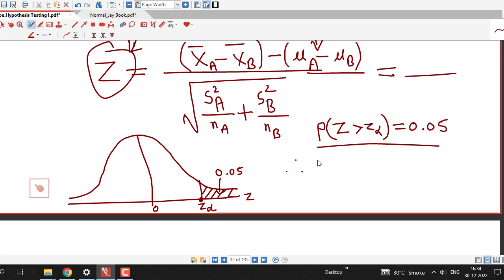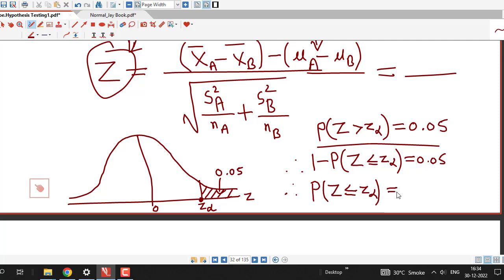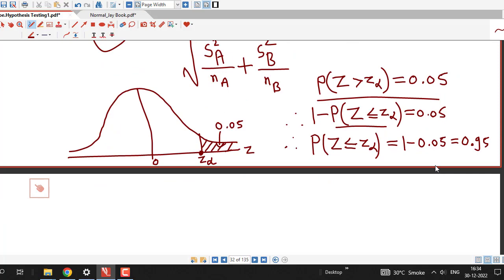Now we know that the probability that Z is greater than Z alpha is 0.05, and therefore the probability that Z is less than or equal to Z alpha, if we consider this on the right hand side, is 1 minus 0.05, and that turns out to be 0.95.